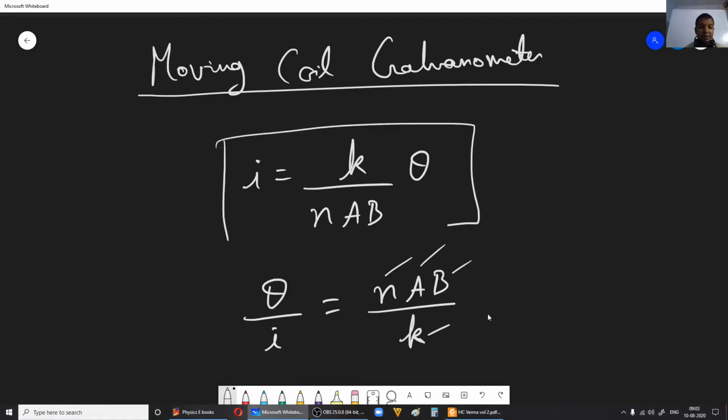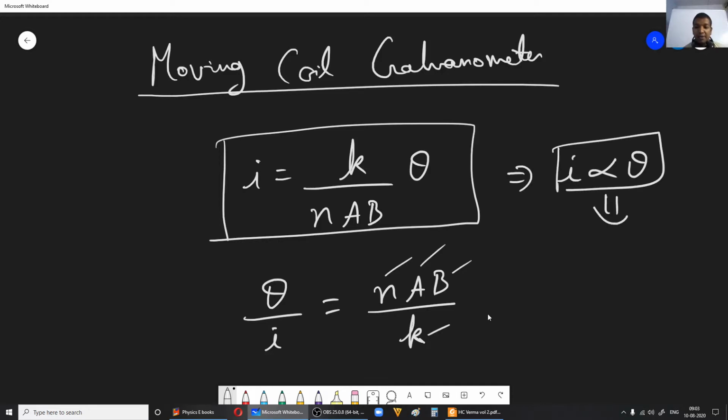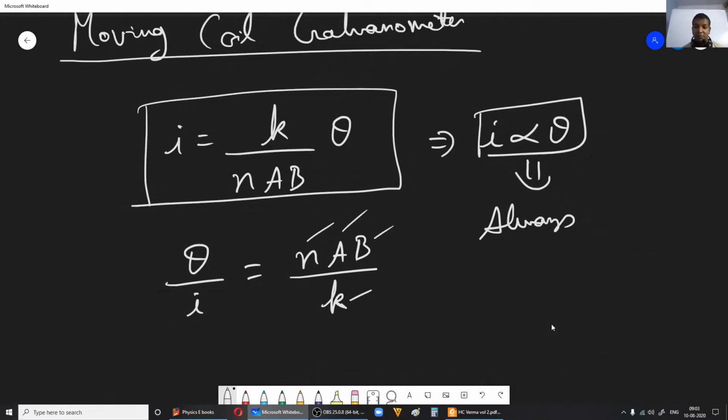Now if you look at this expression, I is equal to K divided by NAB times theta, this tells you that no matter what the deflection is, I will always be proportional to theta. The current read by the moving coil galvanometer is always proportional to theta.